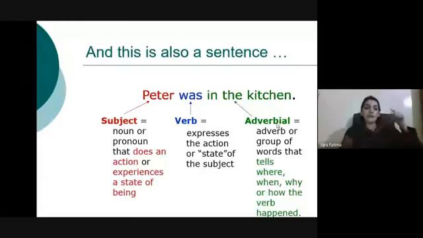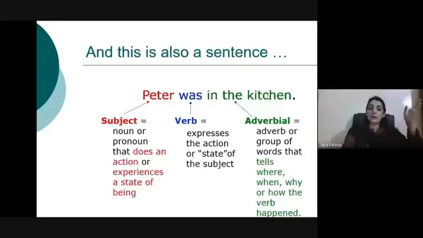Keep one thing in your mind before learning this concept. What is an adverb? It adds information about the verb. So the types of adverbs you can find by putting the questions how, where, when, how much, to what extent, or how many. Okay, so this is another structure of the sentence.